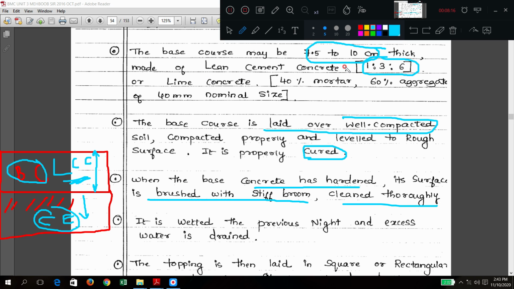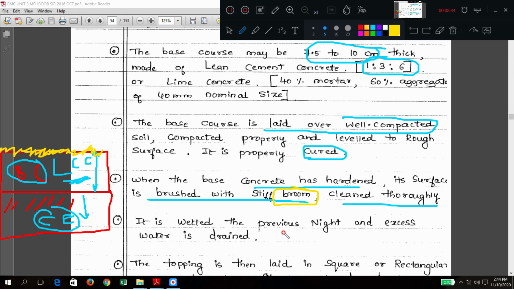What do you mean by that? If this LCC base course is sufficiently hard, after 1 week or 2 weeks, its surface is made a little bit rough using a broom. Broom in Hindi is called jhadu. A stiff broom means a steel type of broom, you scrub it on the surface, make it rough and clean thoroughly.